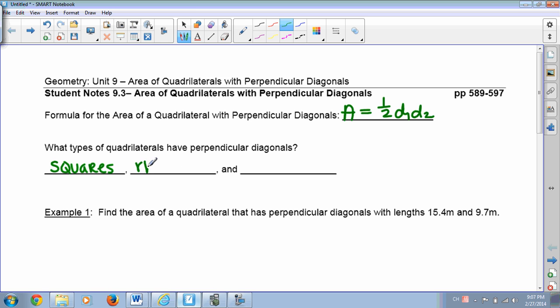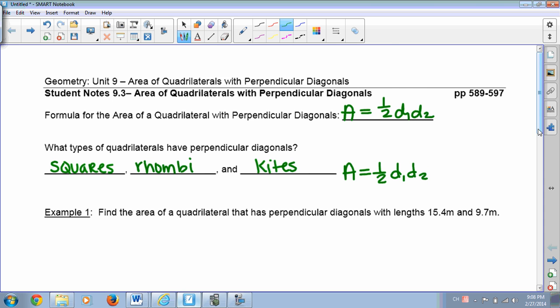Rhombi have perpendicular diagonals, and so do kites. So whenever we're trying to find the area of, usually it'll just be the rhombi or the kites, then you would use area formula 1/2 d1 times d2.